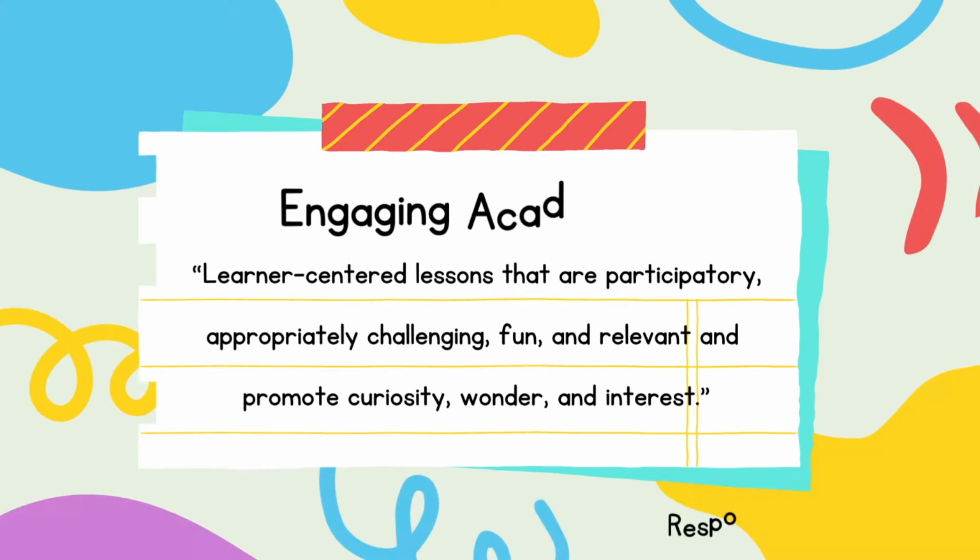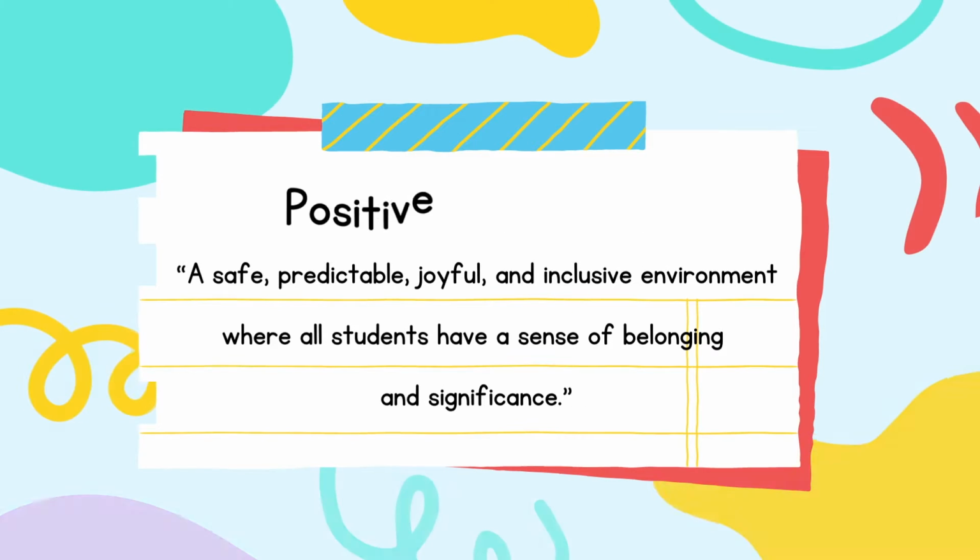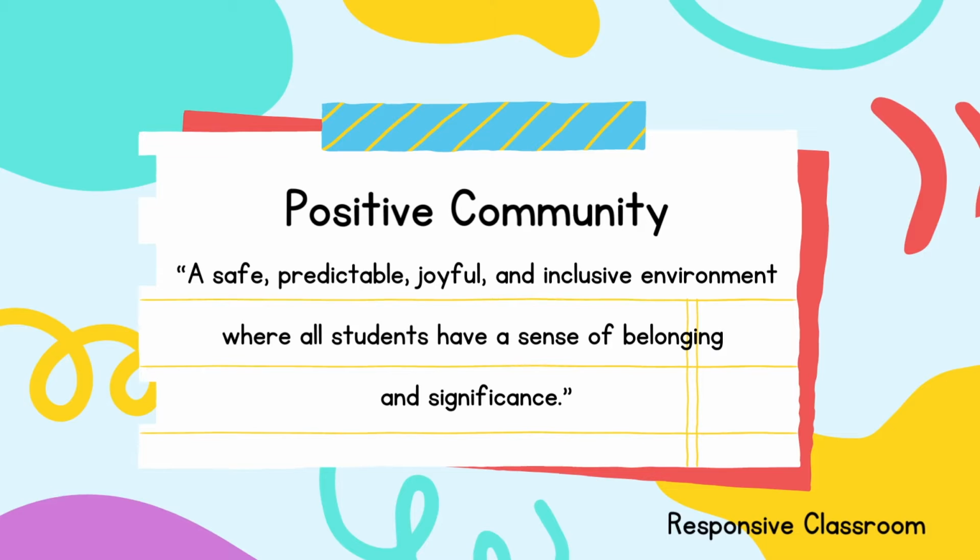First, we have engaging academics, learner-centered lessons that are participatory, appropriately challenging, fun and relevant, as well as promote curiosity, wonder, and interest in students. Then we have positive community, a safe, predictable, joyful, and inclusive environment where all students have a sense of belonging and significance.